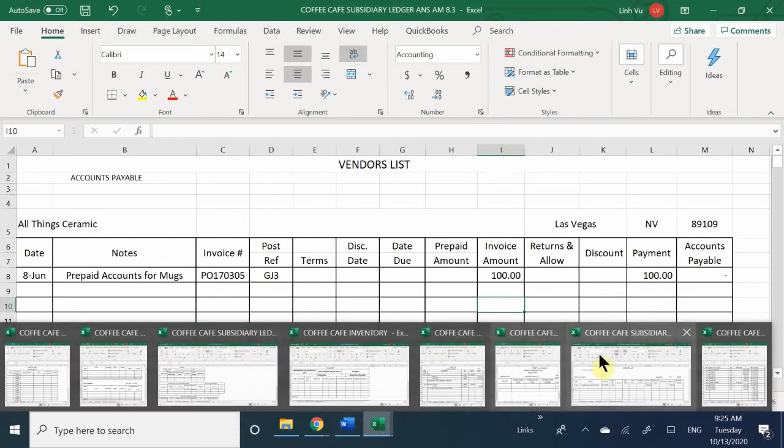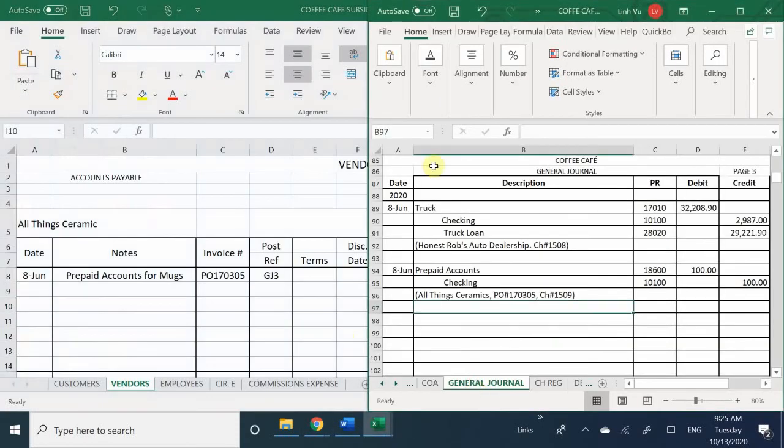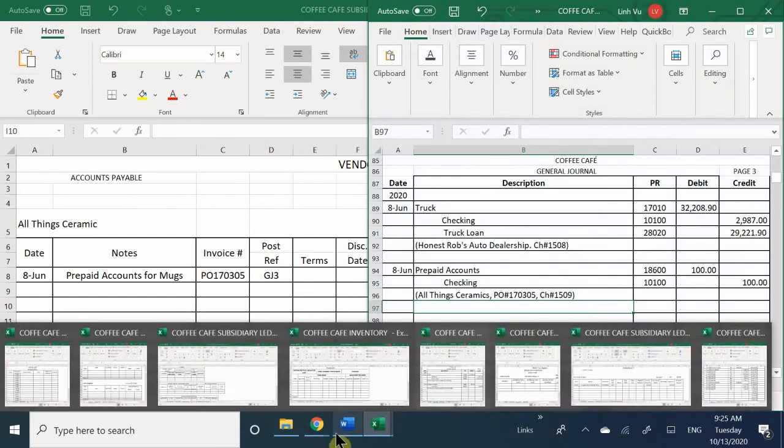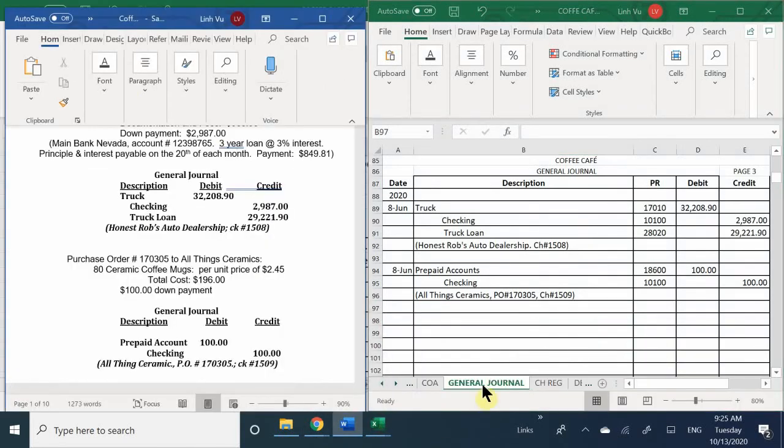So now we can go back to our journal since we completed our ledger and we've also completed our subsidiary ledger. Okay, so here's our scenario.